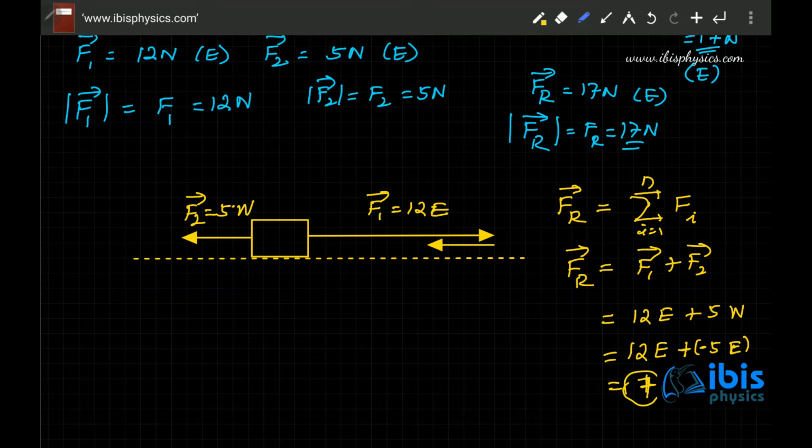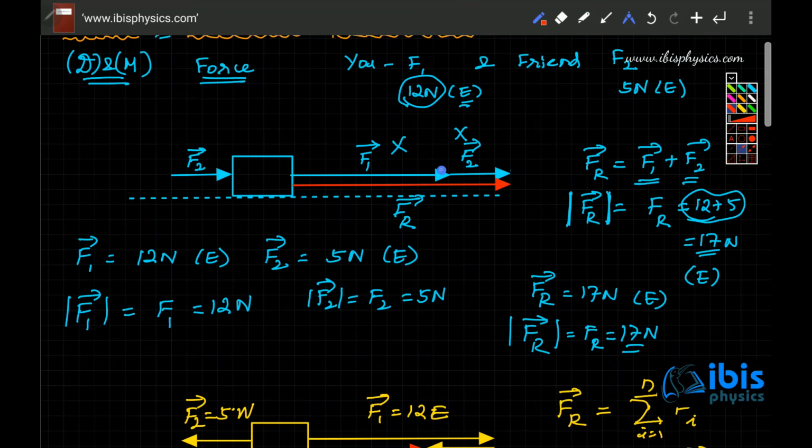Now this is F1 vector and this is F2 vector. The sum of two vectors starts here, goes here and then comes back here. Then the resultant of these two vectors is from the tail of the first vector to the head of the second vector, as in the previous case.